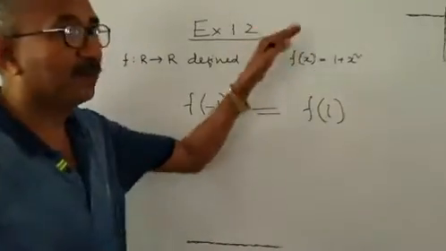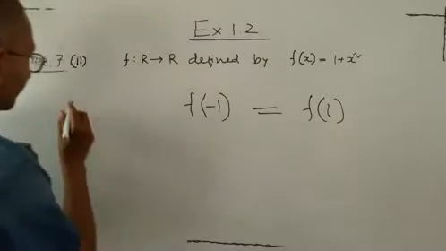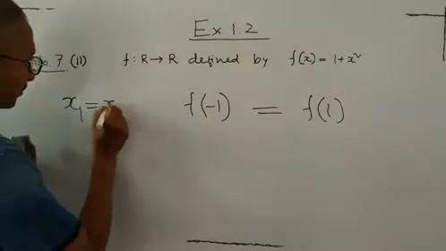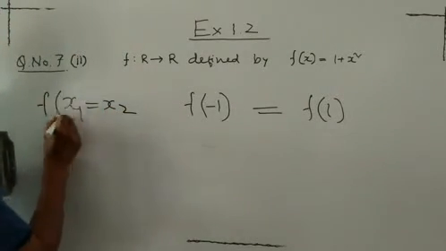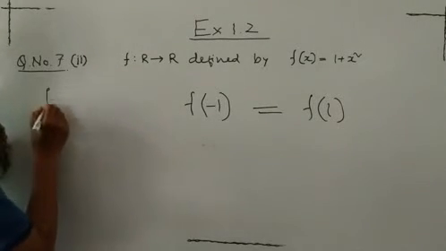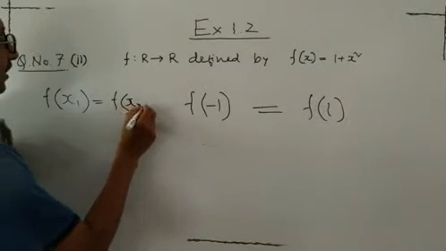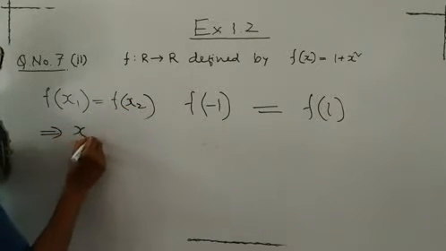So now f of minus 1 is equal to f of 1. Recall the definition: this function will be 1-1 if f of x1 is equal to f of x2 implies that x1 is equal to x2.